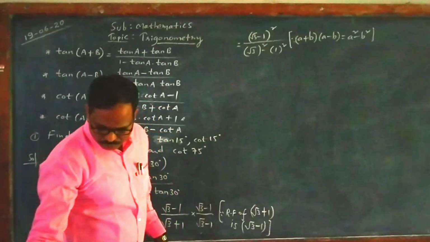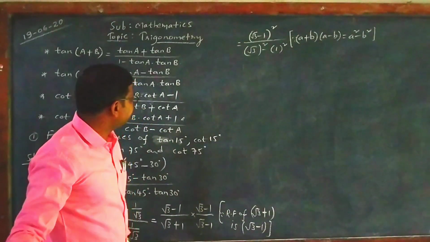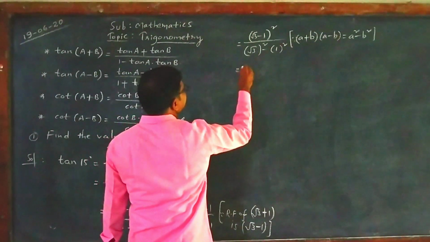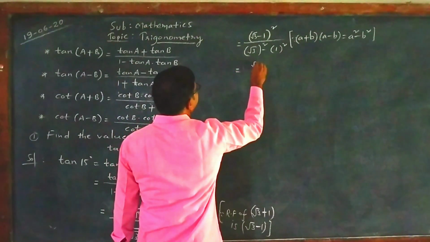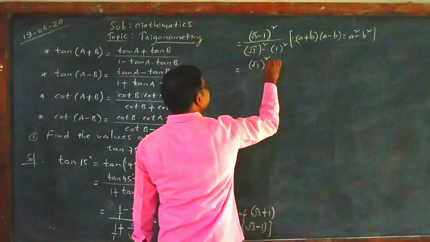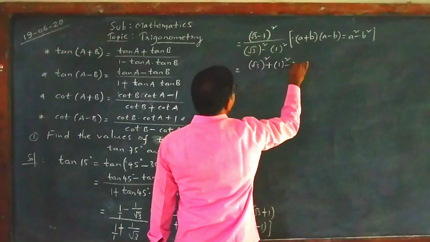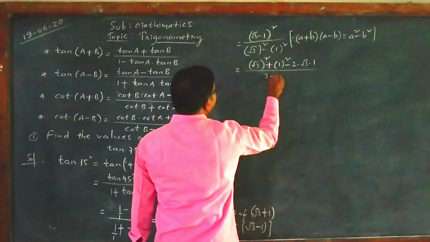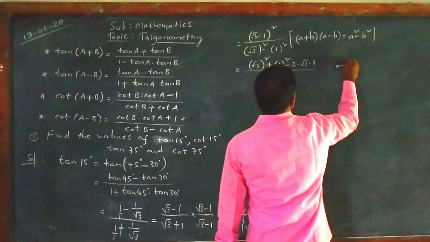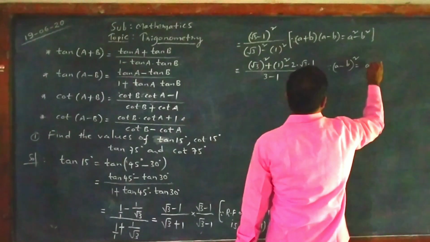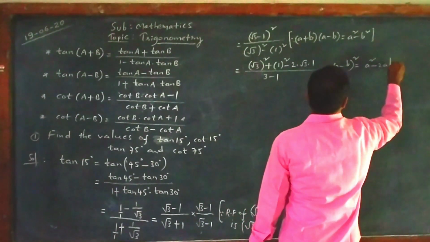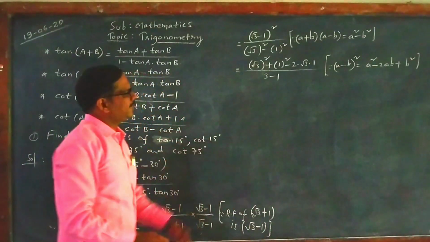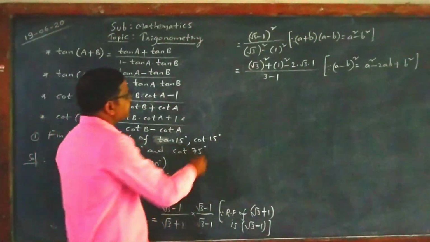Numerator, you see now, looks like (A−B) whole square, so I can write A square plus B square minus 2AB, by 3 minus 1, since (a−b) whole square equals a square minus 2ab plus b square. Okay, I used the (a−b) whole square formula.